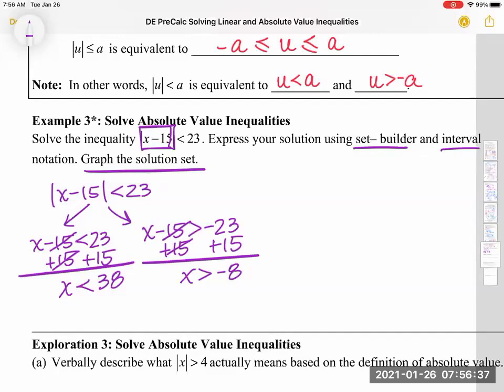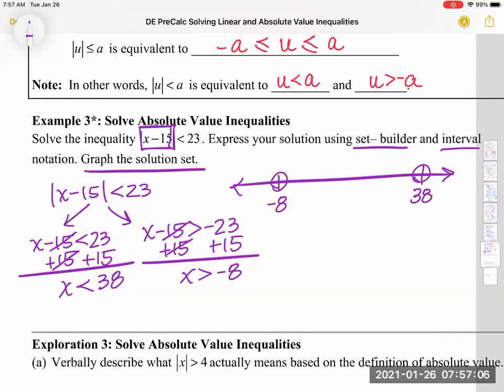I like to graph it right after I come up with my solutions, so that helps me do my set builder and my interval notation. If we do the graph, we make a number line. You're going to put negative 8 on there somewhere, and we'll say 38 is right there. These are going to be open circles because we don't have the equal to part. So open circle on negative 8, open circle on 38.